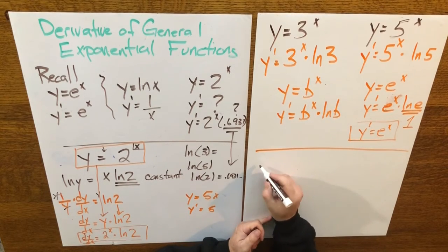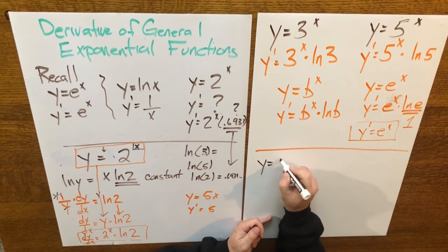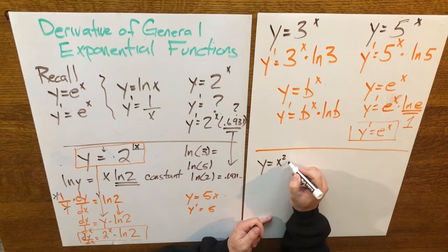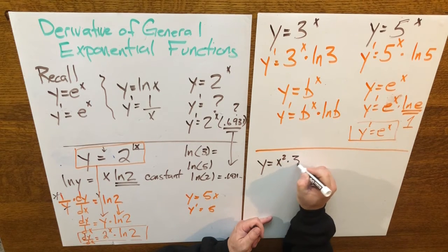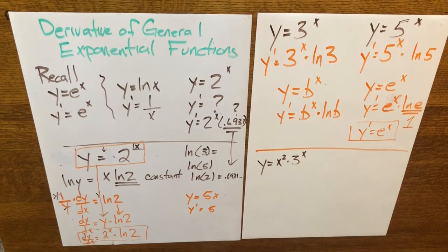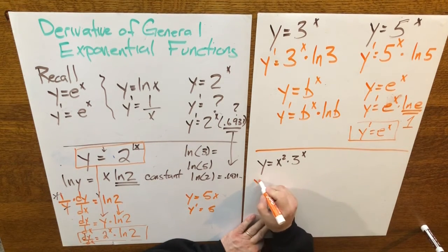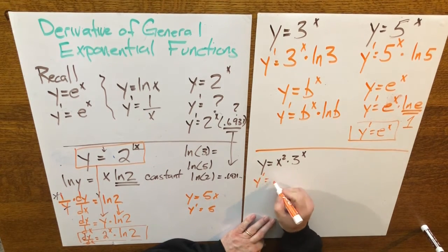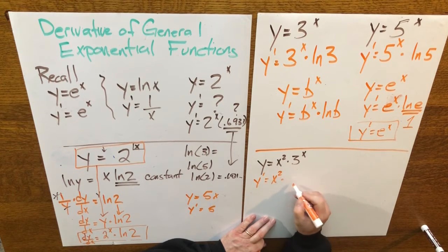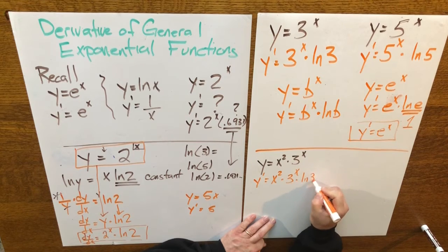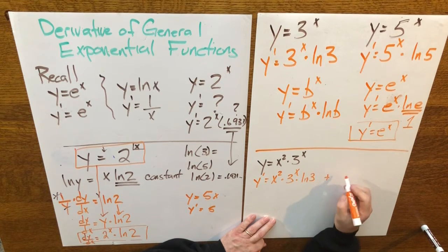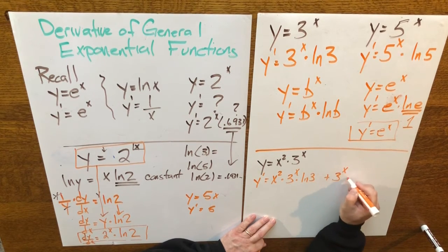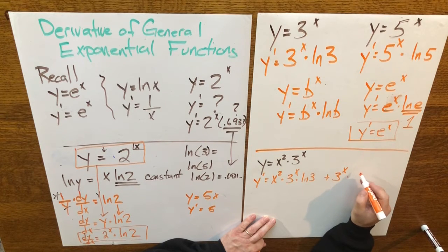So let's consider a product. Y equals x squared times 3 to the x. So y prime will be equal to the first, x squared, times the derivative of the second, 3 to the x times ln 3, plus the second, 3 to the x, times the derivative of the first, 2x.